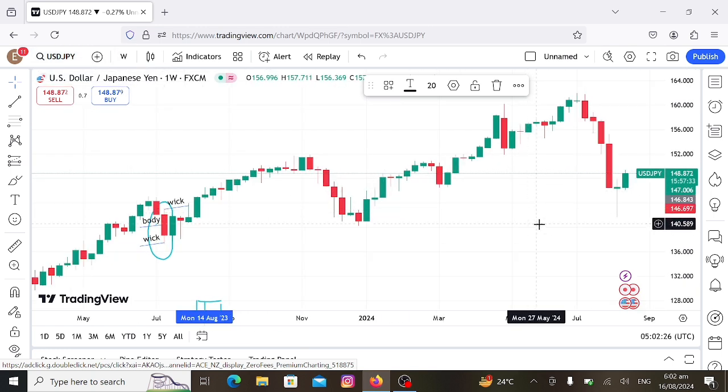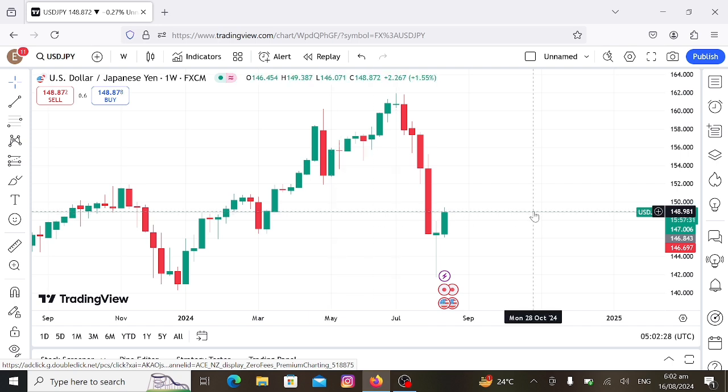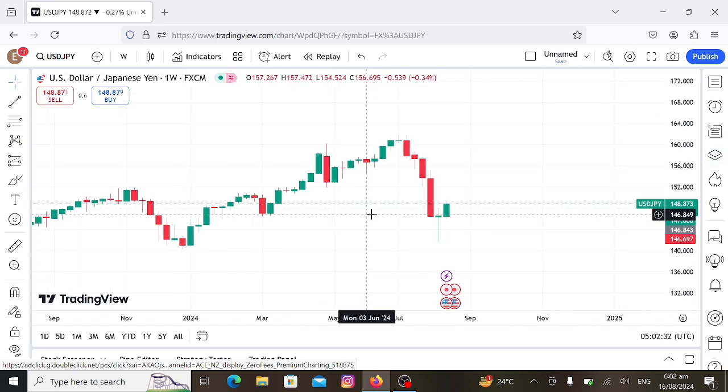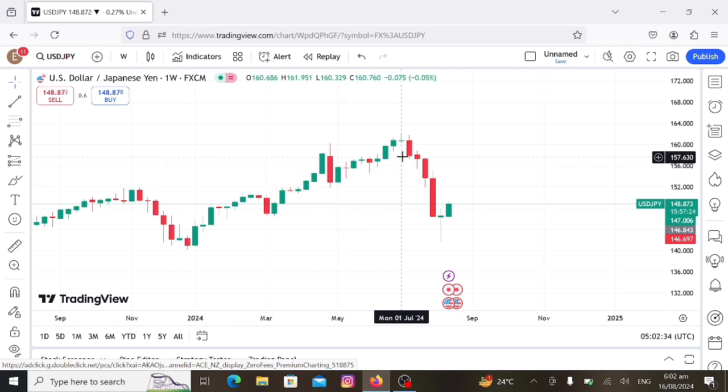This is a hammer, and you can see for the past four weeks, which is equivalent to a month now, USDJPY has been bearish. So when it gets here, it forms a hammer on the weekly time frame.